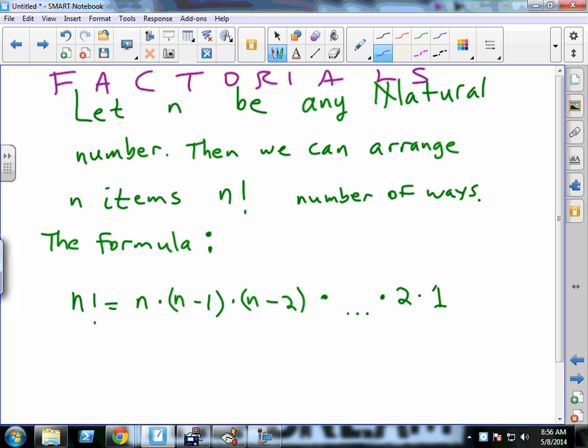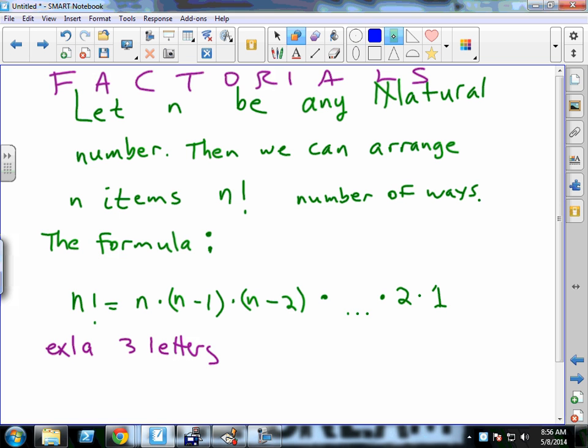So if we go back to our example 1A, we had 3 letters, right? There's a question, what's the deal with these 3 dots right here? The 3 dots means that's an ellipsis and that pattern continues. So you start by however many things there are that you're arranging.